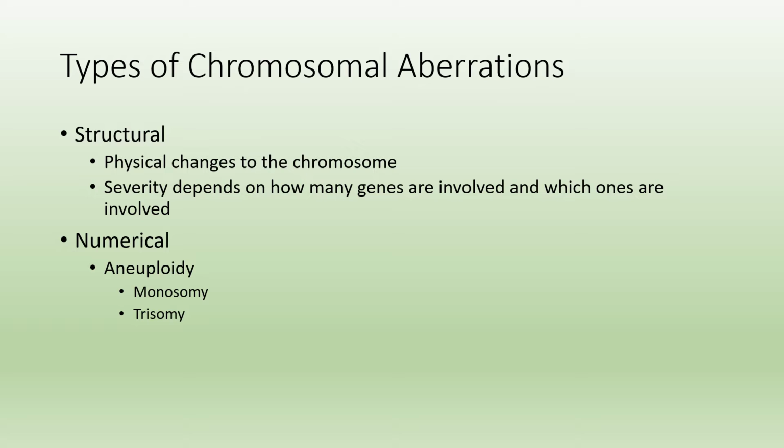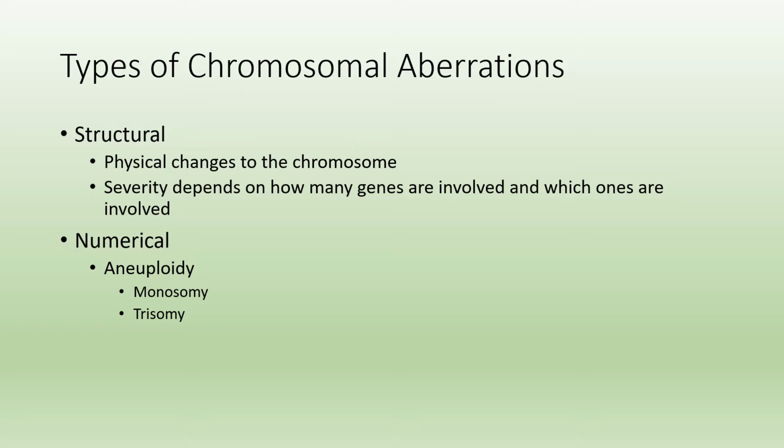We can have structural problems. These are physical changes in the chromosome. And the severity of these depends on which chromosome is involved, what part of the chromosome is involved, and how big that aberration is.